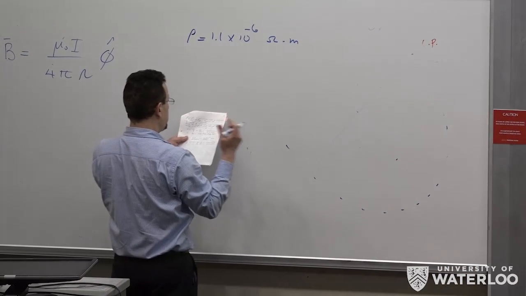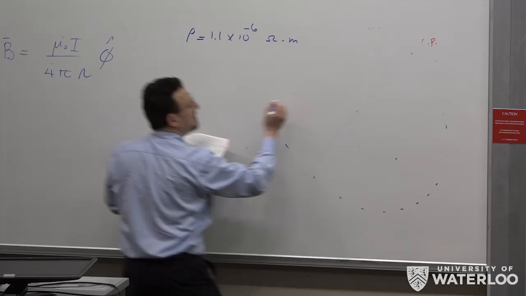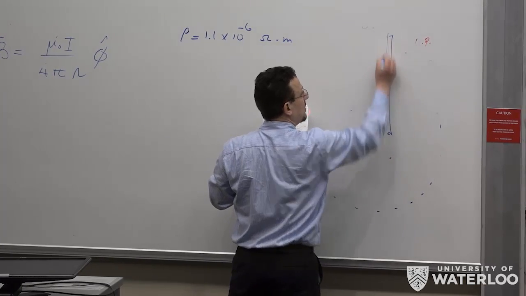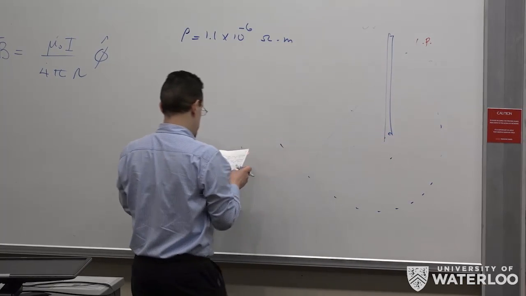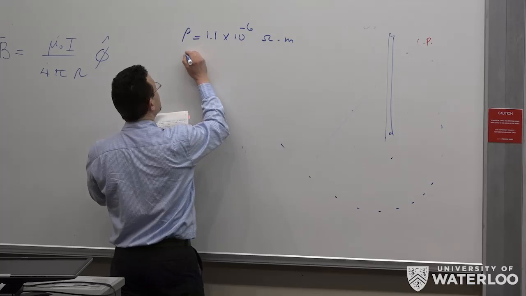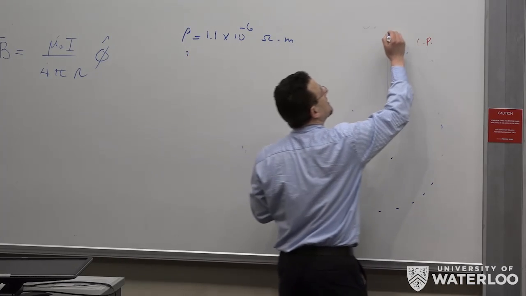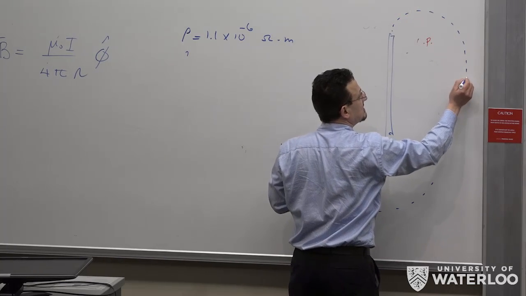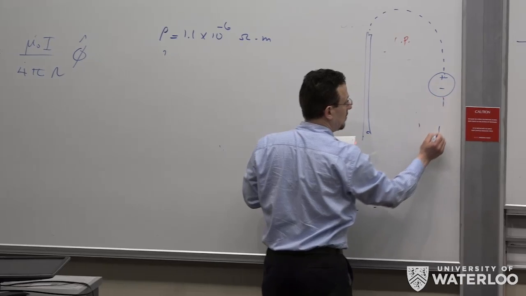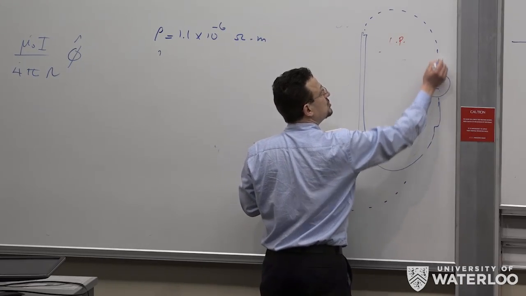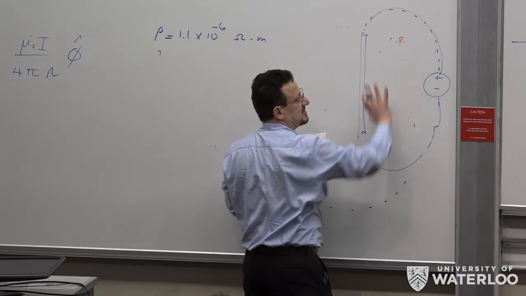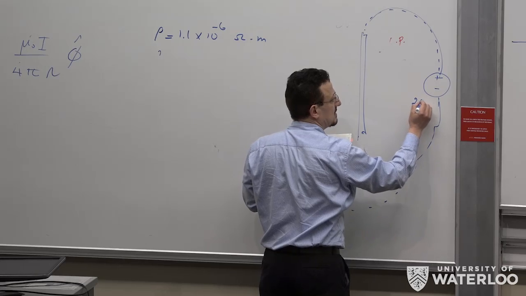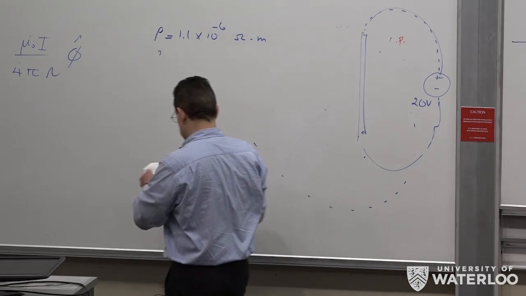So it's a 1 meter wire, exactly 1 meter from here to here, connected to a 20-volt battery. So look what I'm doing. I am going to connect it to a 20-volt battery. I don't show you all of this business, but this is what is connected to it, 20 volt.